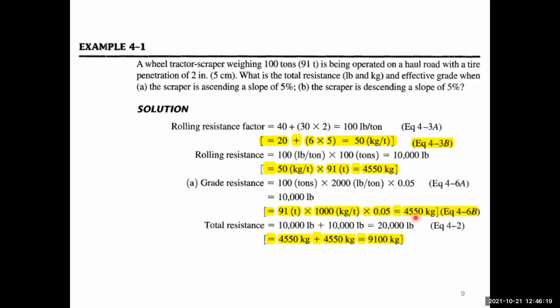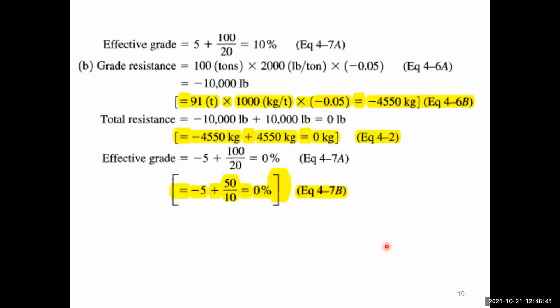Now the grade resistance is 4,550 kilogram, and the rolling resistance is also 4,550 kilogram. So the total resistance will be 9,100 kilogram in this case. So this is the answer for part A. The effective grade in this case will be 10%, because both are equivalent.